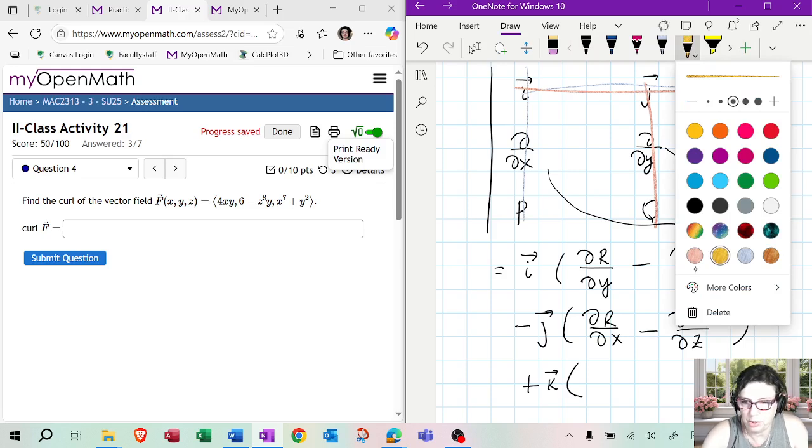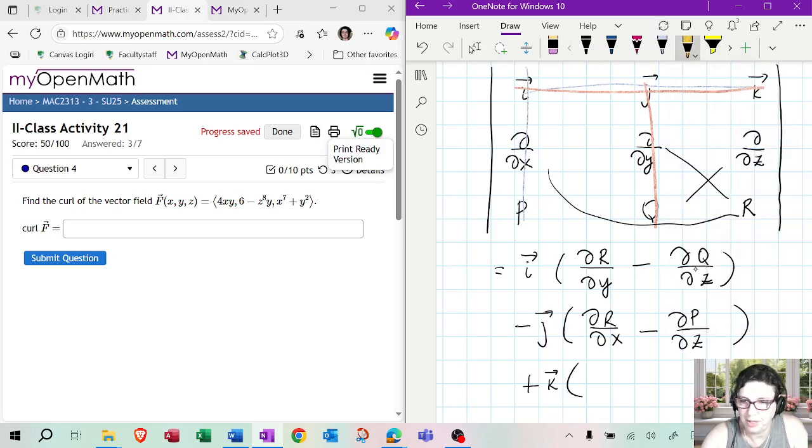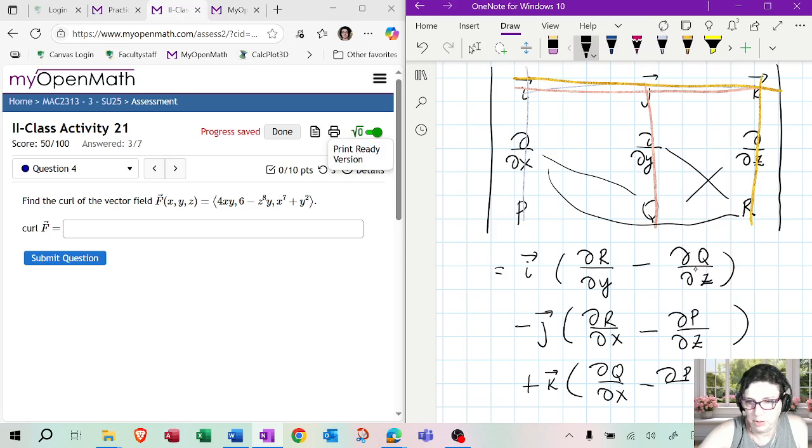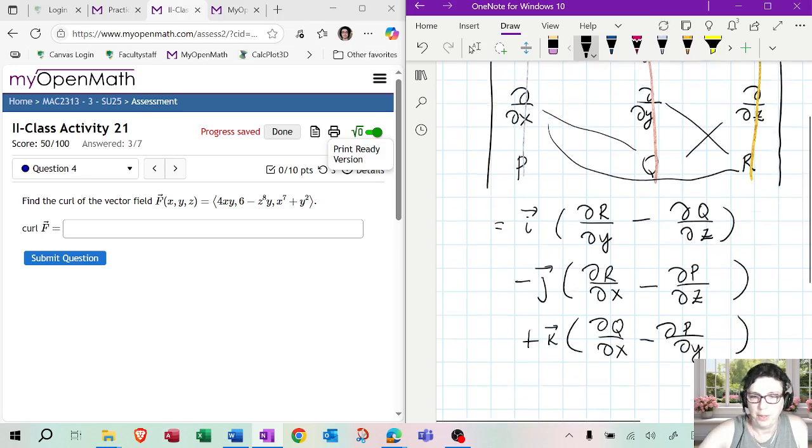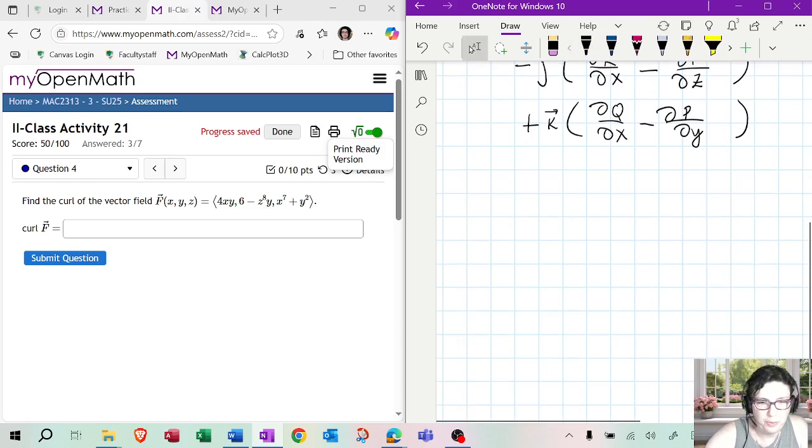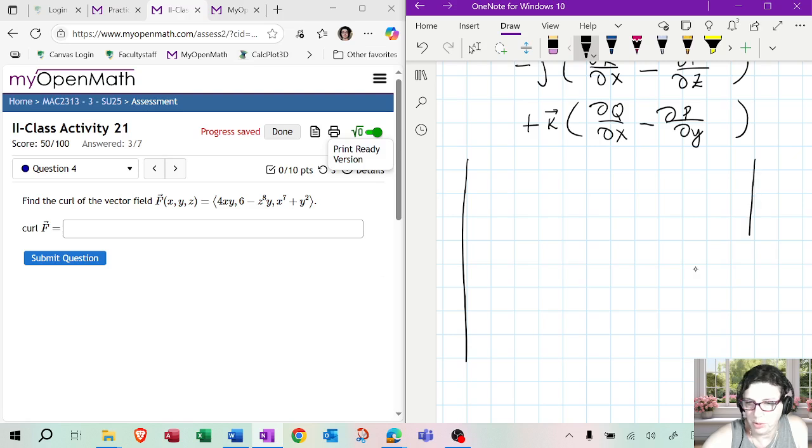Like I'm writing it out just for whatever. Okay, so then let's cross out the k. And then we're going to get like this one, right, first. So this is going to be q with respect to x, subtract derivative of p with respect to y. Okay, so whatever. Please do not try to memorize it. Just remember how to find the cross product, and that's all you need for the curl.